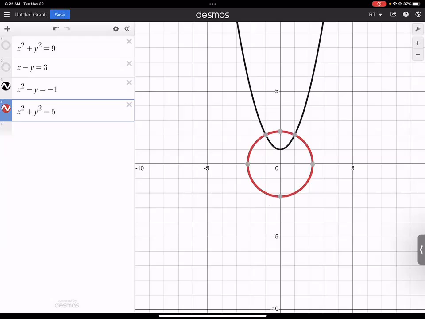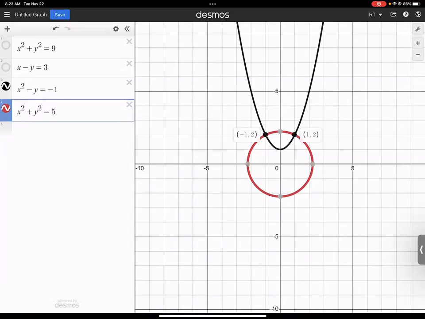So that's a quadratic function, right? It's just in a different order than we're used to, but that's a parabola. x squared plus y squared equals 5 is a circle, with radius square root of 5. So that looks like this. They intersect twice. The intersections, so the solutions to the system, are 1, 2, and -1, 2, right?